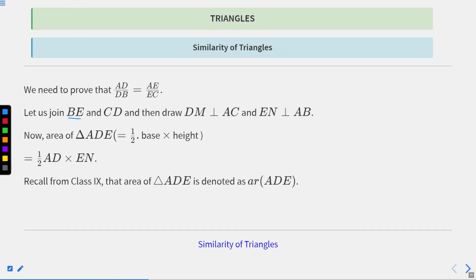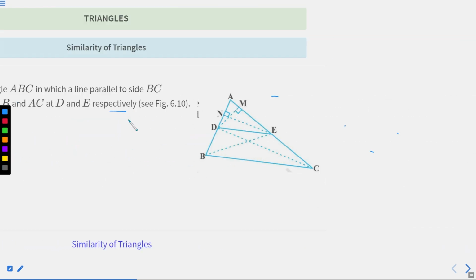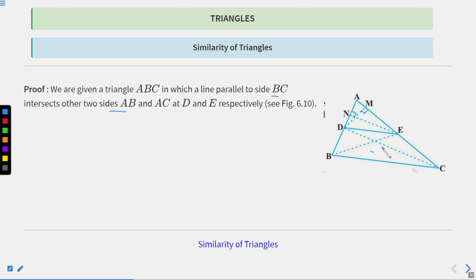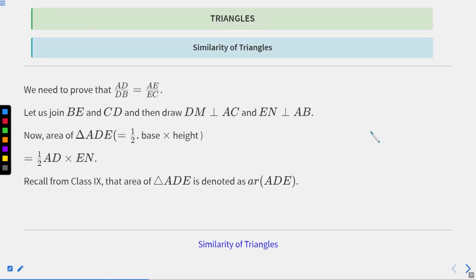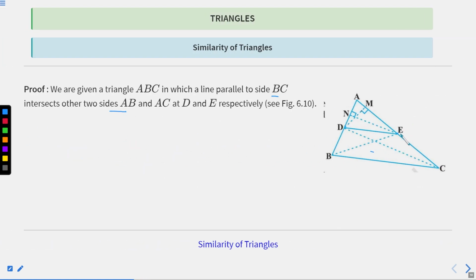So let us join BE and CD in this figure, and then draw DM perpendicular to AC, and also EN perpendicular to AB.